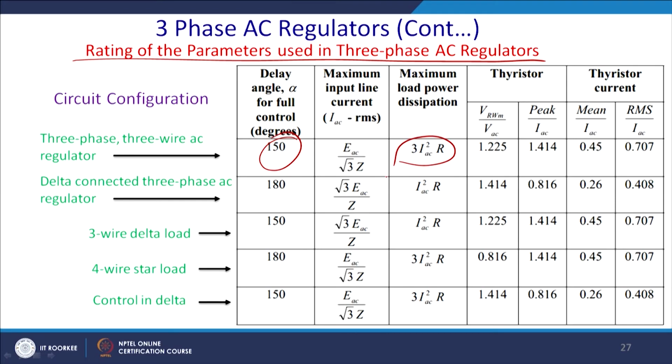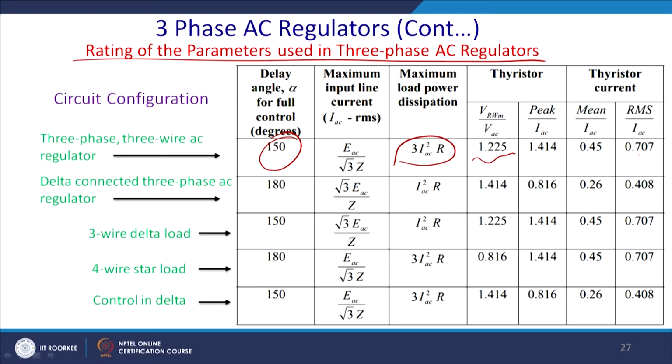For the thyristors it will be VRWM by VSE, so it will be around 20% more. I peak will be 1.44, that is root 2 times more, and mean AC current of the thyristors will be 45% and mean RMS current will be basically 70% or 1 by root 2.